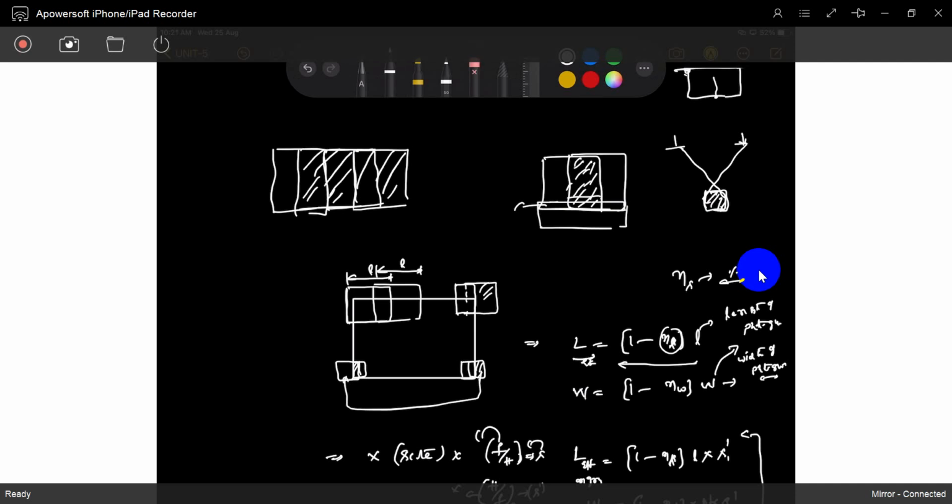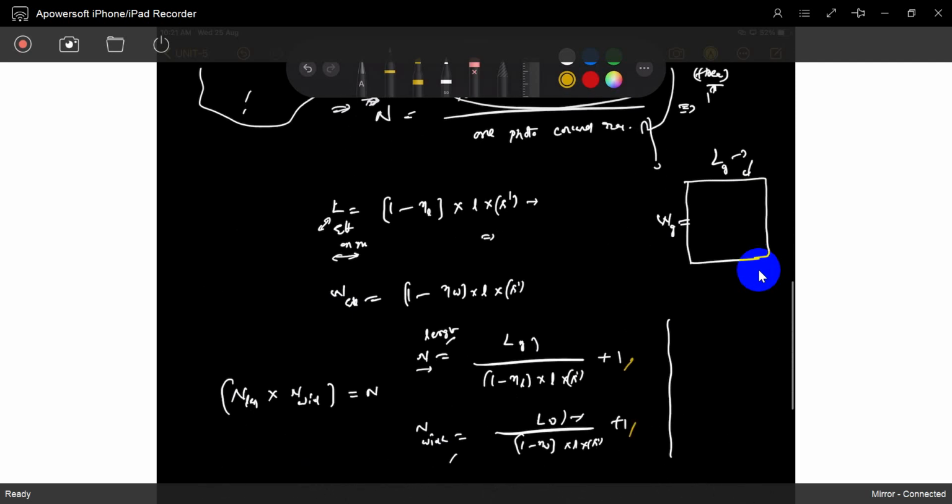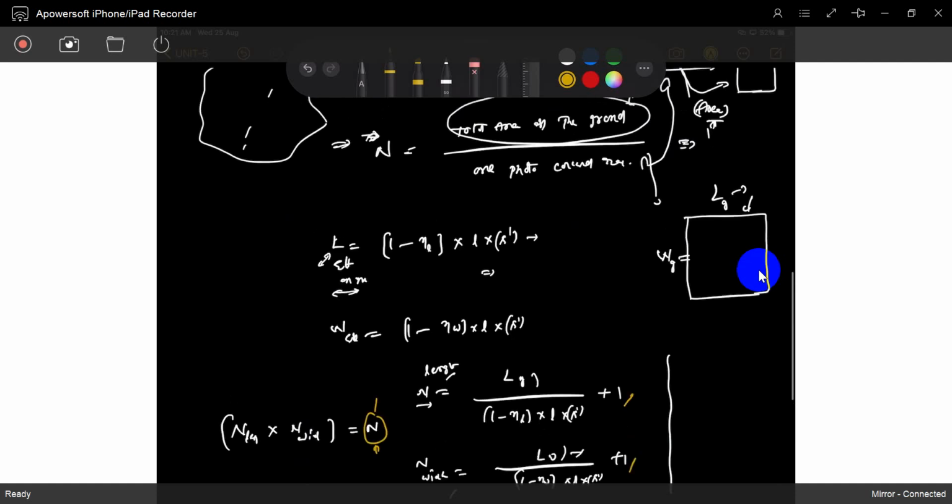That means we get +1. This is waste, and this is waste. But why do we need this? To get the first photo's off portion and the last photo's off portion, we compulsorily add 1. That's why we include +1. Understood? So directly we will get the N value. Either way you will find the formula. So that's the number of photographs.